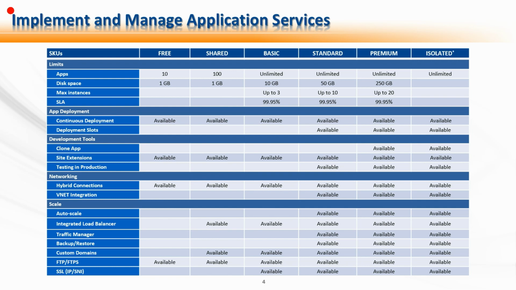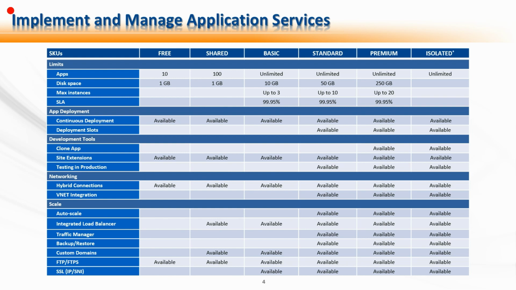So this is something that is very important from the exam perspective, because at times they will ask questions about the app services environment, they might say that we need to have more than 3 instances or up to 10 instances. So what are you going to suggest? Similarly, they might say that they need 12 GB of disk space.